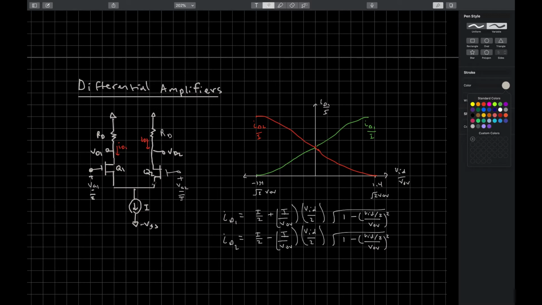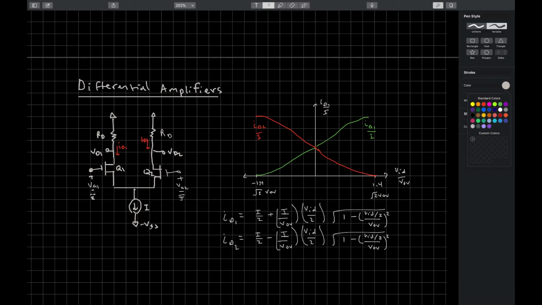And it turns out that by changing V gate 1 and V gate 2, I'm able to change the value of the current through each of those transistors. And the characteristic of that current is shown over on the right hand side here. So for the second transistor, the current is going to range from its full value down to 0 by changing the value of the differential input voltage.